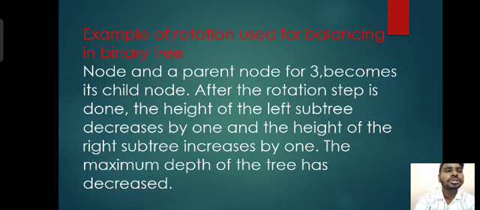Here is an example of rotation used for balancing in a binary tree. Node 3's parent node becomes its child node. After the rotation step is done, the height of the left subtree decreases by 1 and the height of the right subtree increases by 1. The maximum depth of the tree has decreased.